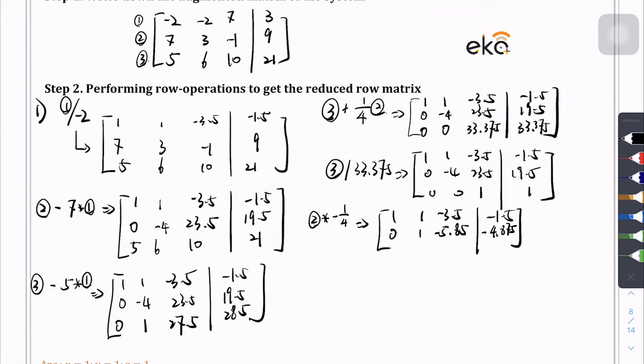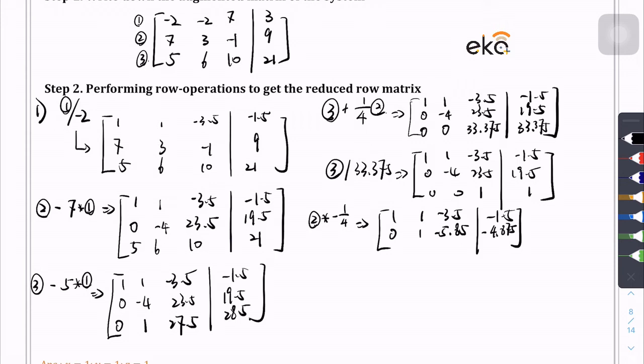Looks like I've made a mistake, I think. Minus 1 minus 7 times 3.5, 9 minus 7 times -1.5, 19.5. Oh, okay, never mind.